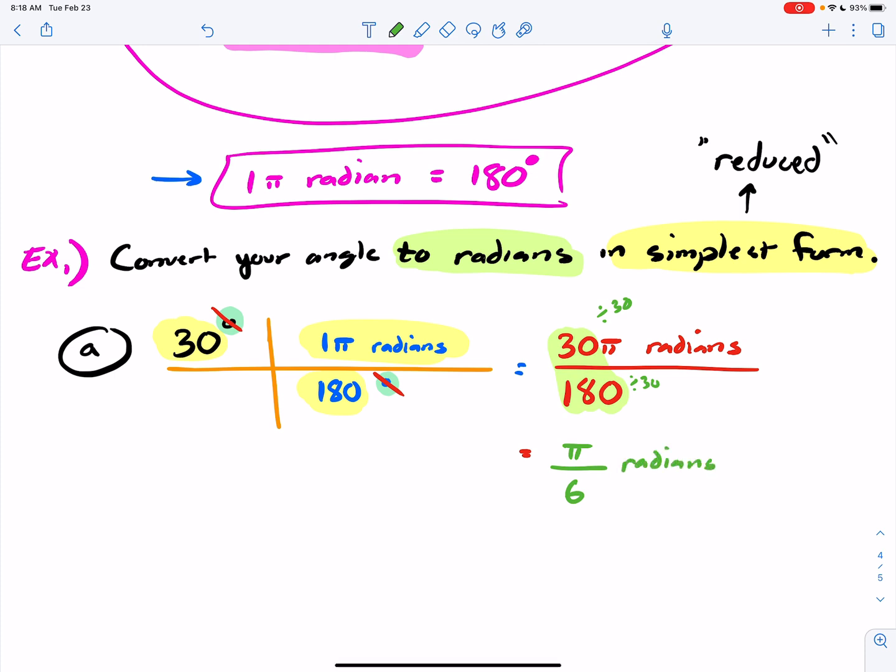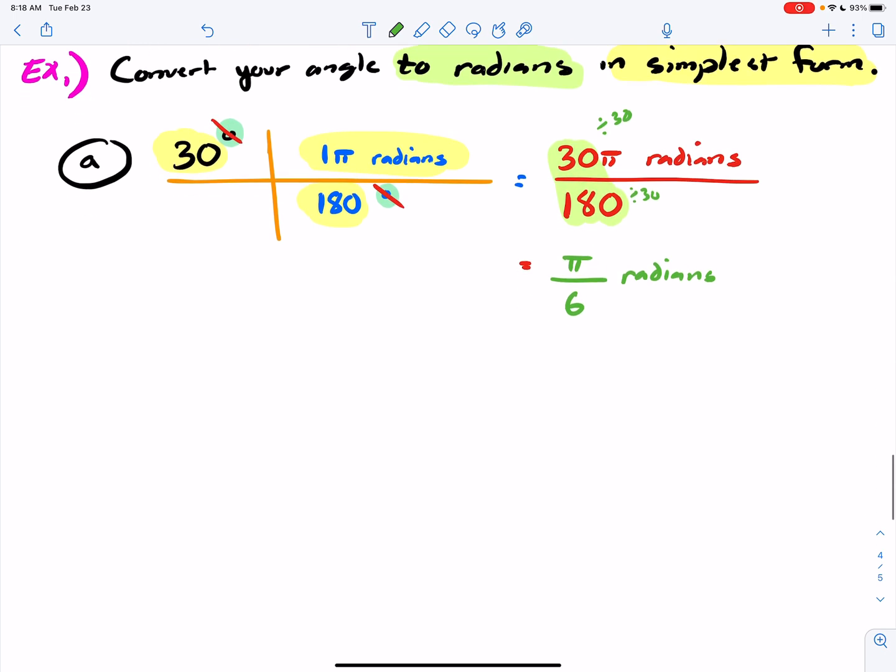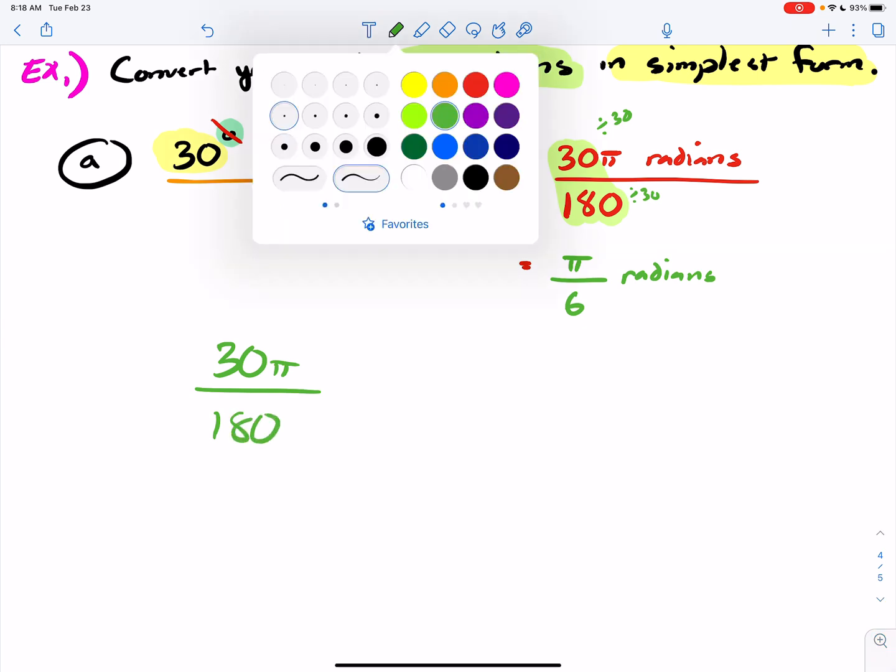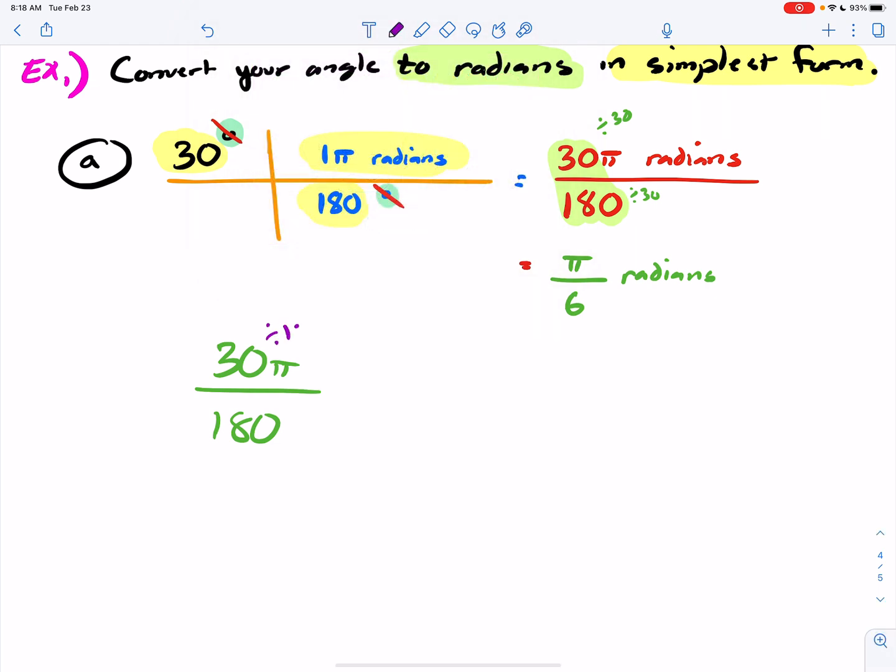Now, let's say you didn't know that it was 30. So let me just show you here real quick. Let's say that you thought that you could divide both by 10. If you divide both by 10, that's fine. You're going to end up getting 3 pi over 18.